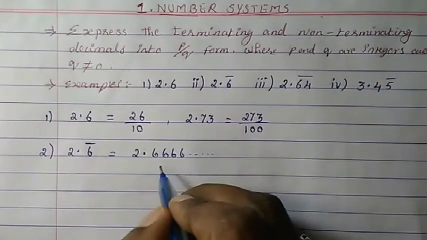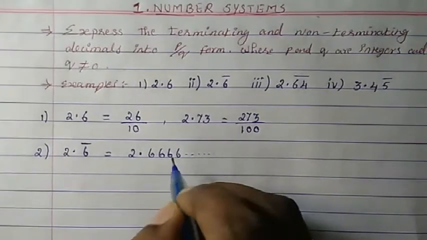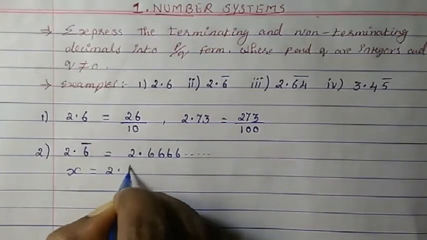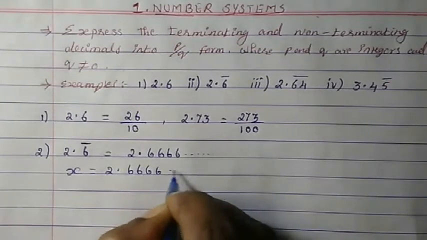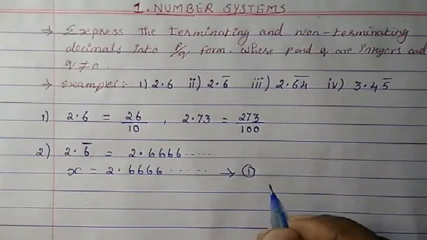How do we convert this type of number into p/q form? For that, you first consider x equal to 2.6666 and so on, and keep this as equation 1.